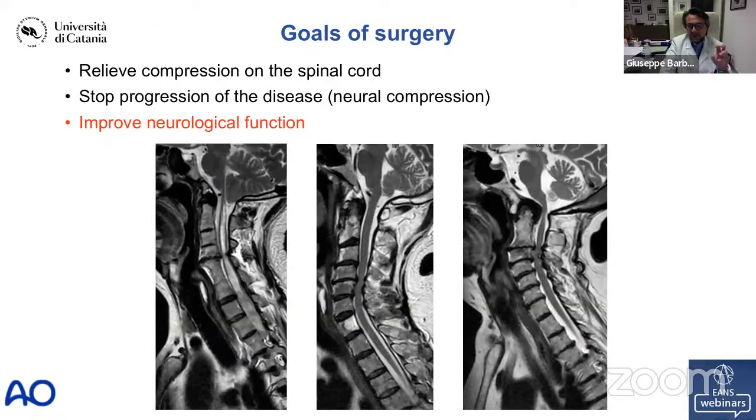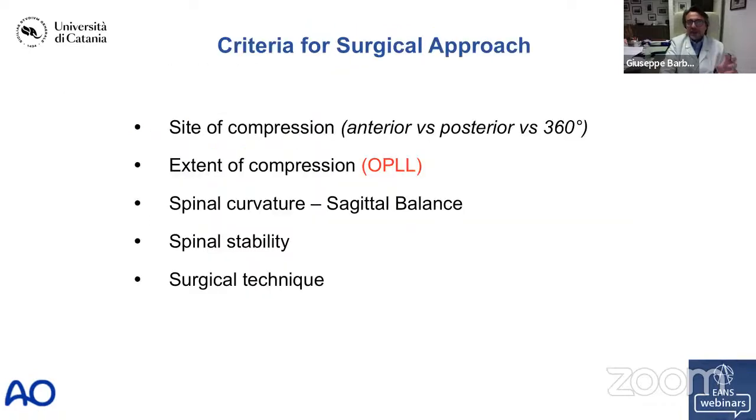So we have to remember that the goals of surgery are to relieve the compression of the spinal cord and nerve roots, stop the progression of the disease, and as we already said, our new attitude should also be that the goal of surgery should be to improve neurological function. So which are the criteria to choose our surgical approach?